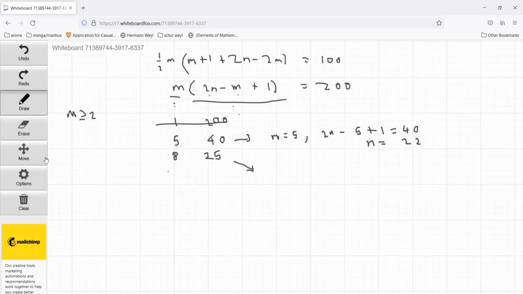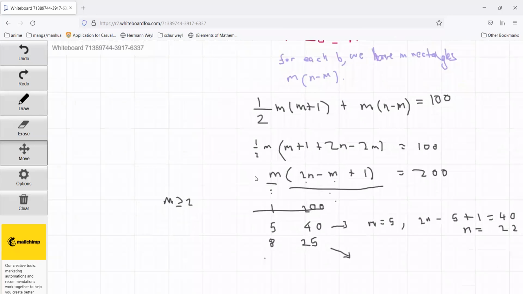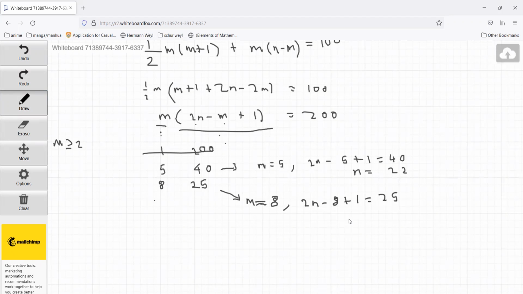And for this one, we have m is 8 and 2n minus 8 plus 1 equals 25. This leads us to n equal to 16. So our two possible pairs are 5 by 22 and 8 by 16.